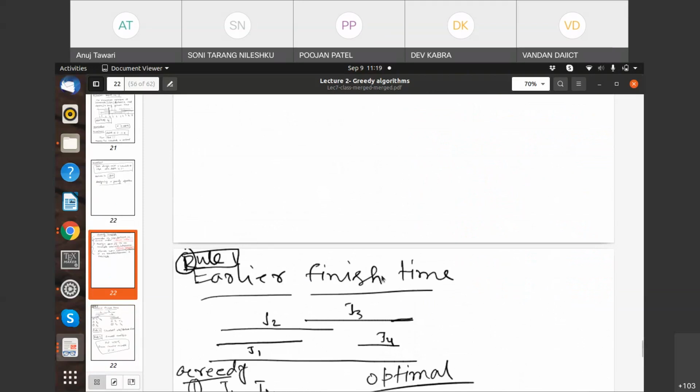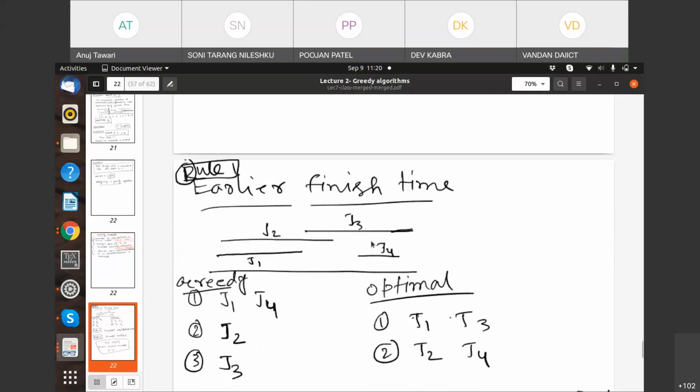This is what we did when we wanted to maximize the number of classes without any conflict. That seems like a very natural strategy here, because if you had the maximum number of jobs in one classroom, then obviously the partition will have fewer classrooms. But unfortunately, it doesn't work.